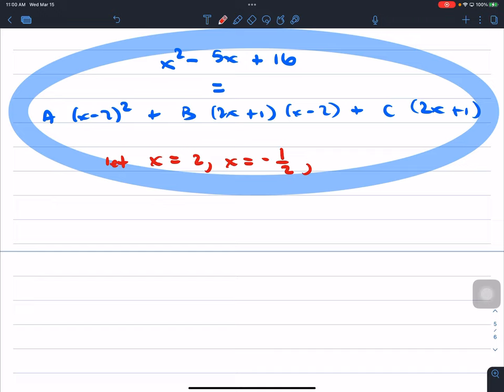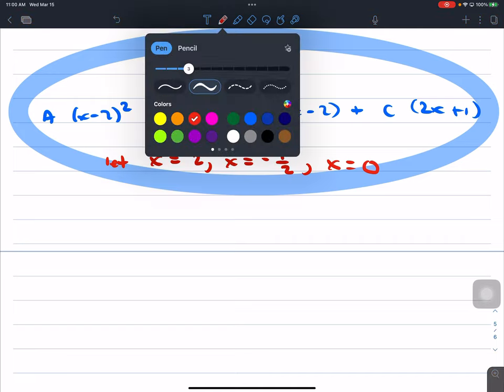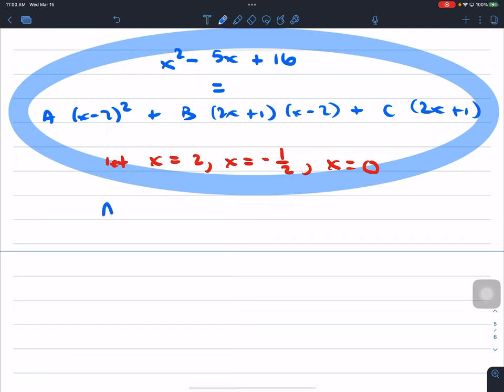You can choose any value of x that you want. If I can choose 0, I would use 0. Okay, that's not going to make anything on the right-hand side become 0, but it's a nice number. Do you guys know what I'm talking about?